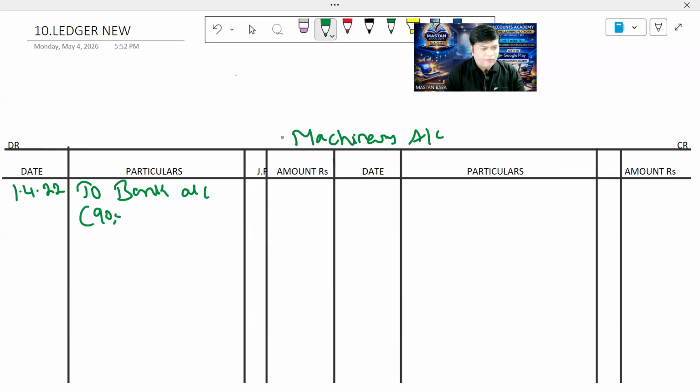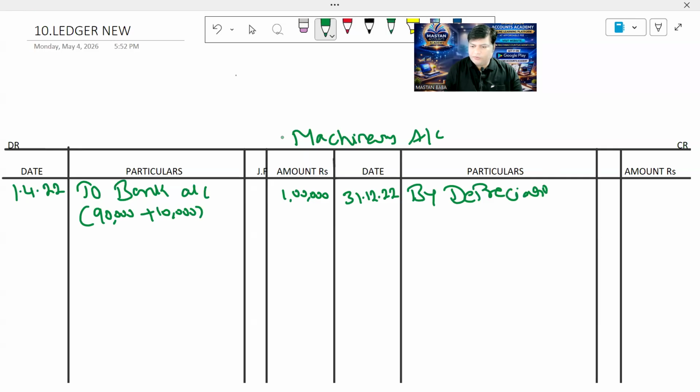The cost of the machinery is 90,000 plus 10,000, which comes to 1 lakh. And they are following the calendar year, so 31st December 2022, by depreciation account.